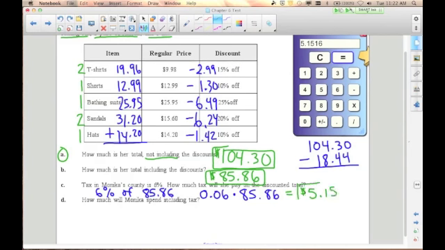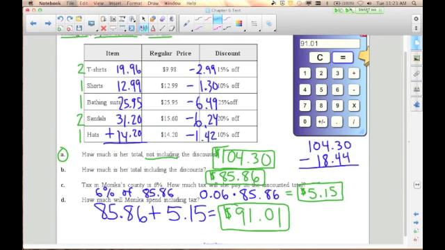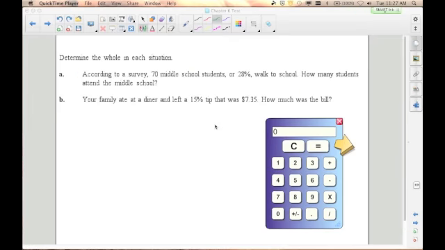So now I take $85.86 plus the tax, and then that's going to get me the total price she's going to have to pay for 2 t-shirts, one pair of shorts, one bathing suit, 2 sandals, and 1 hat. And it's going to be $91.01.